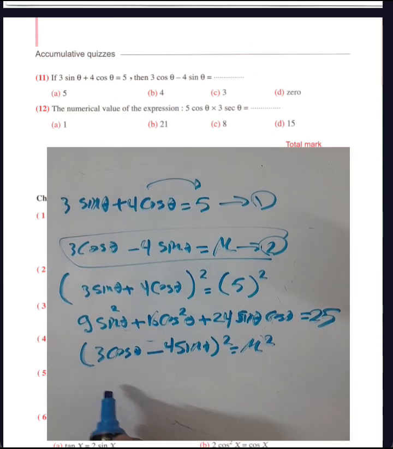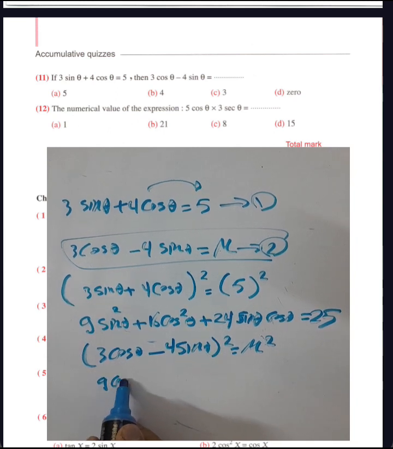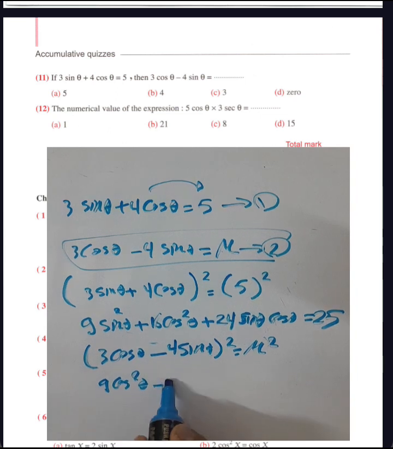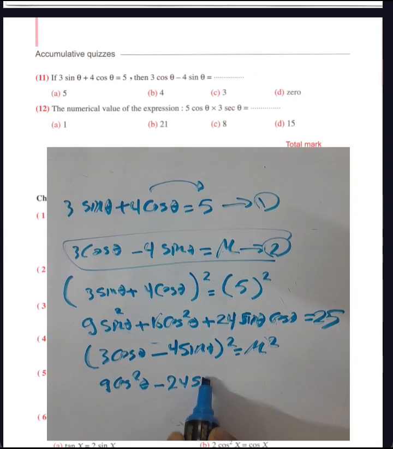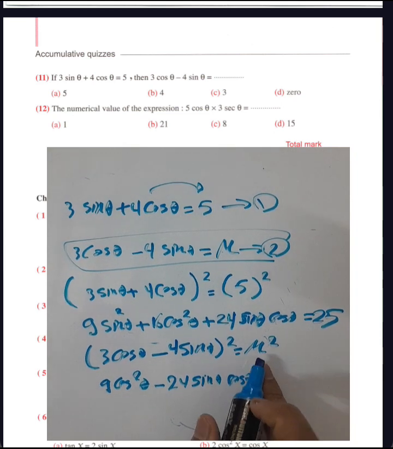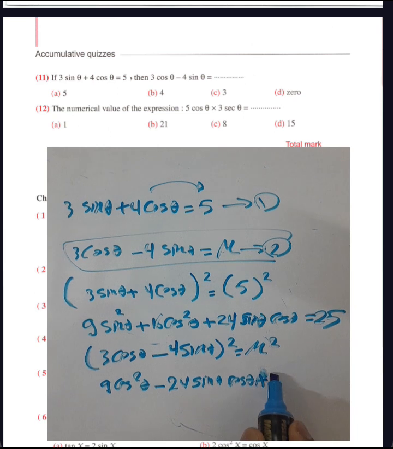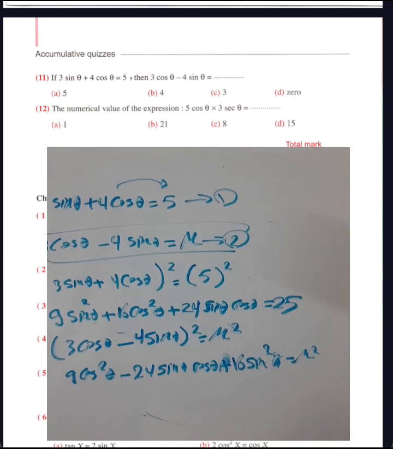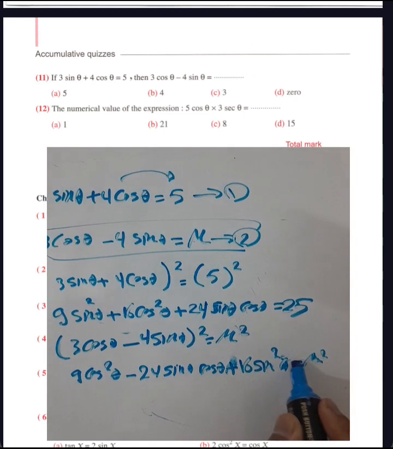And then write 9 cosine power 2 theta subtract 2 times 3 is 6, 6 times 4 equal 24 sine theta cosine theta, plus 4 power 2, it will be 16 sine power 2 theta, equal m power 2. It's relation number 2.